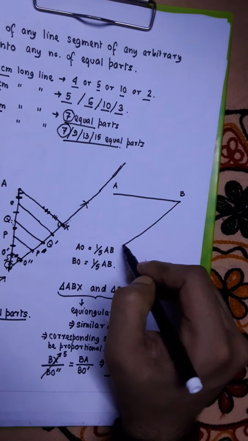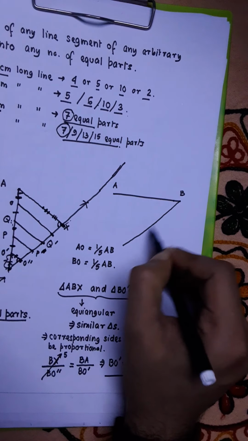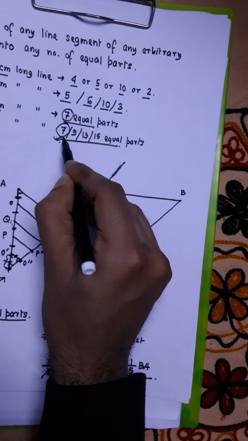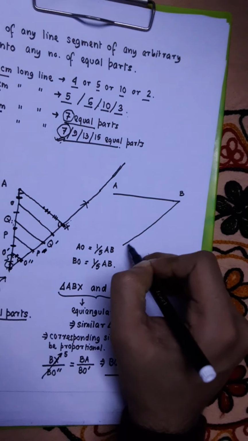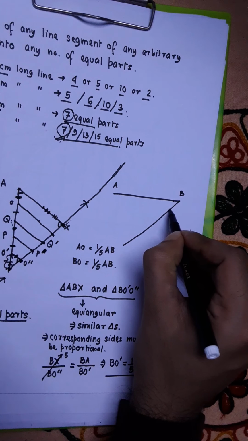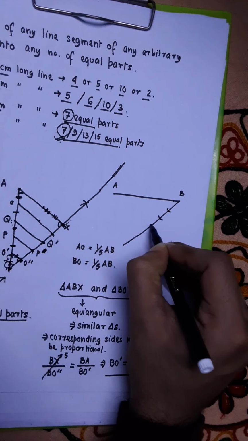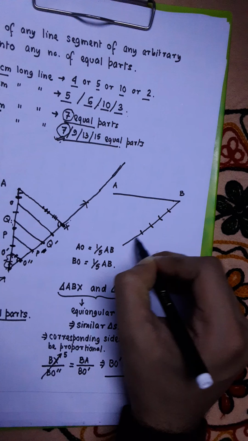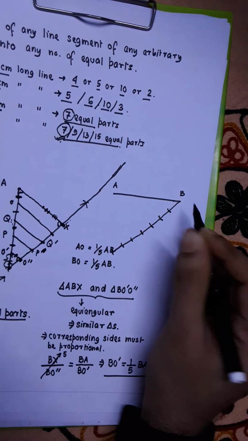So by choosing a suitable length and by using the ruler or divider, you divide this length into the required number of equal parts. So here the required number of equal parts is 7. So on this new line we will mark 7 equal lengths. So 1, 2, 3, 4, 5, 6 and 7.